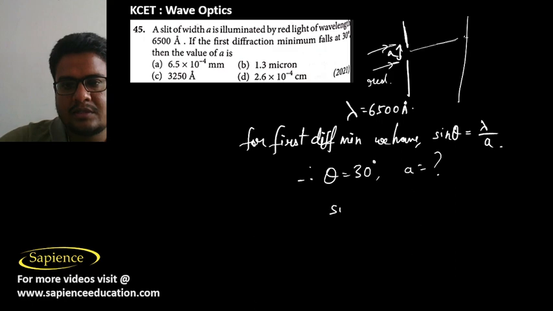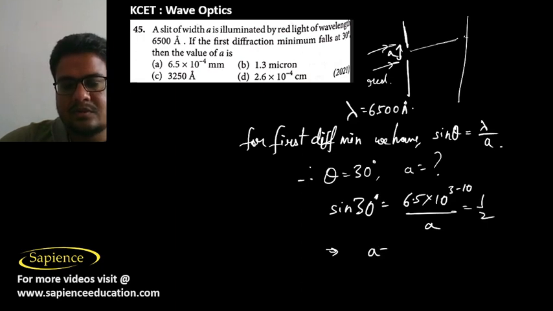So sine 30 degree equals lambda, which is 6.5 into 10 power minus 7, divided by a. Sine 30 is half. Therefore a will be equal to 2 into 6.5 into 10 power minus 7.